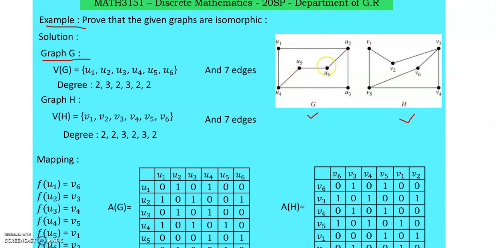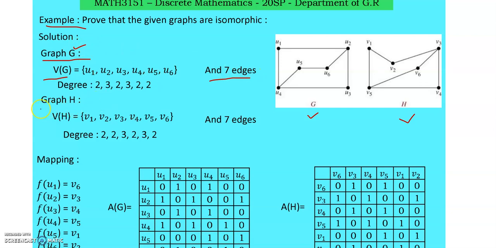So total number of vertices is 6, and list all the vertices in the set, that is V of G, U1, U2, up to U6, and you count the edges, that is 1, 2, 3, 4, 5, 6, 7 edges. Yes, 7 edges. So 6 vertices and 7 edges in the graph G.